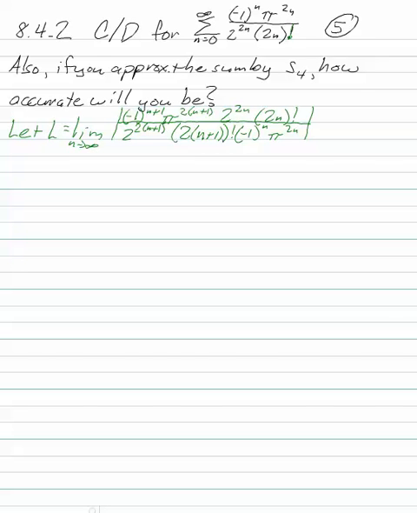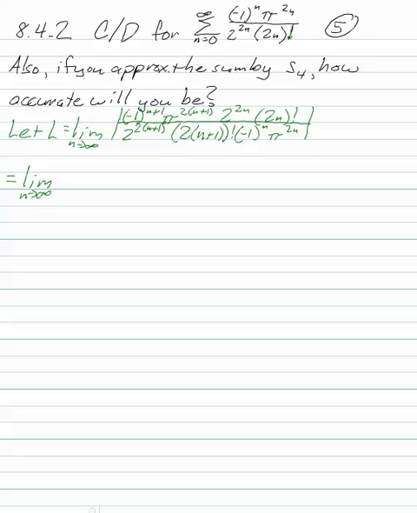We're going to notice that the negative ones just don't matter. So L is now the limit, as n goes to infinity. Let's try comparing terms. Notice there are no x's. Pi is always positive, 2 is always positive, factorials are always positive, so we don't need our absolute values anymore either.